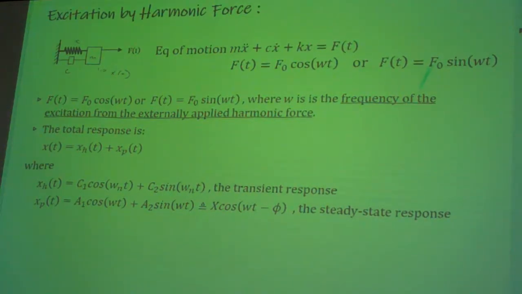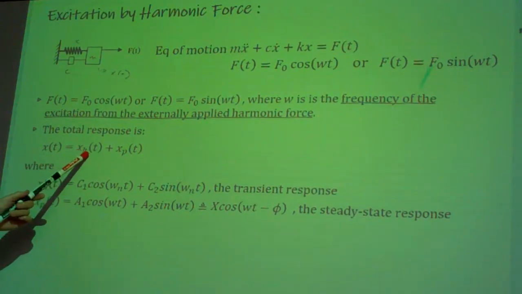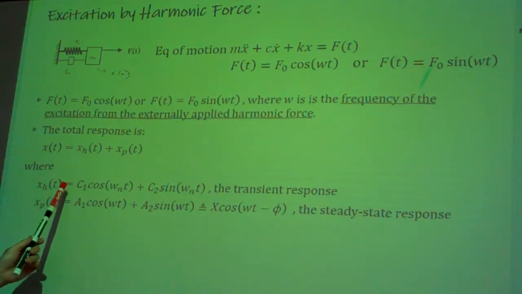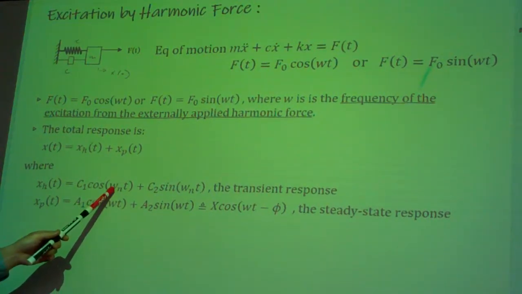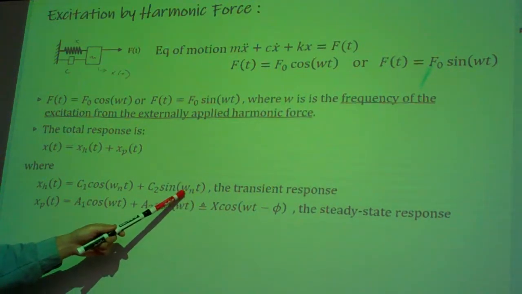Again, the total response is composed of two parts. One is the transient response, the same as before, which is determined by the natural frequency, oscillating at the frequency omega n.